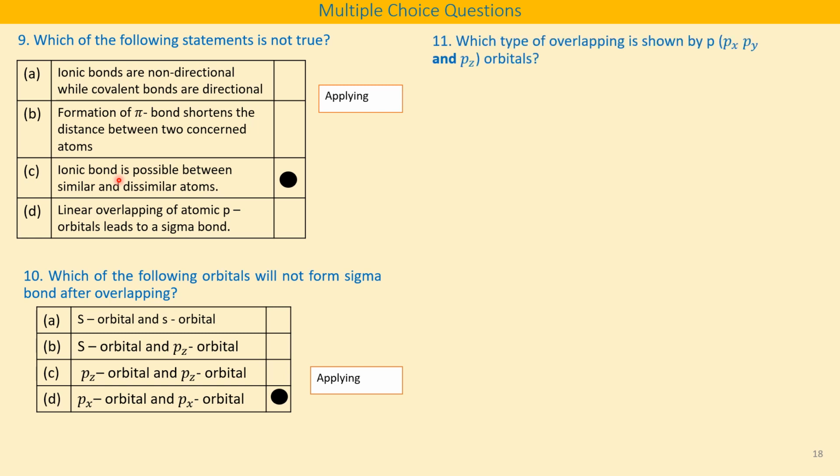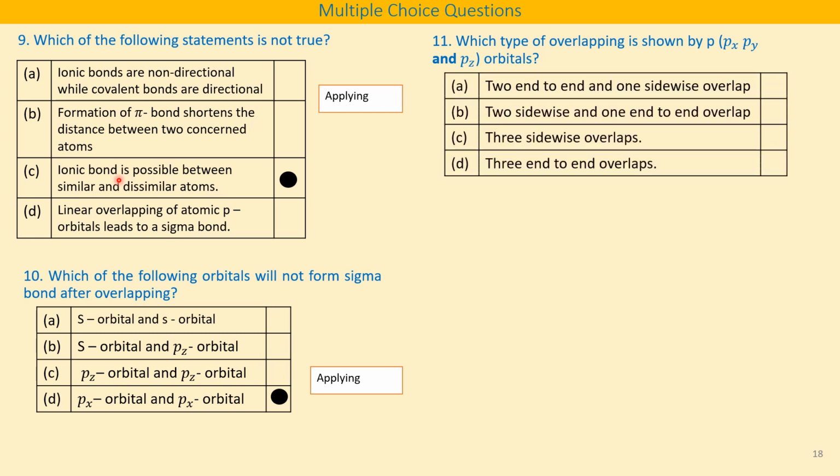Next question. Which type of overlapping is shown by p, that is px, py and pz orbitals? Option A, 2 end-to-end and 1 sidewise overlap. Option B, 2 sidewise and 1 end-to-end overlap. Option C, 3 sidewise overlaps.